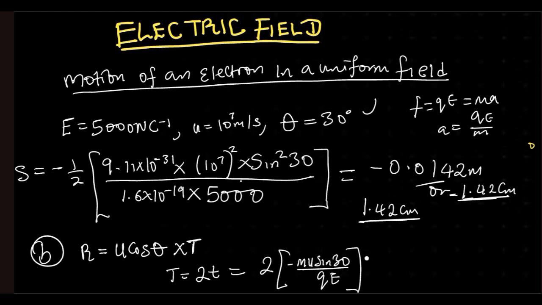So when we plug it in, that becomes minus 2 m u sine 30 over qE. So we can plug it into this formula. Therefore, this is our T.